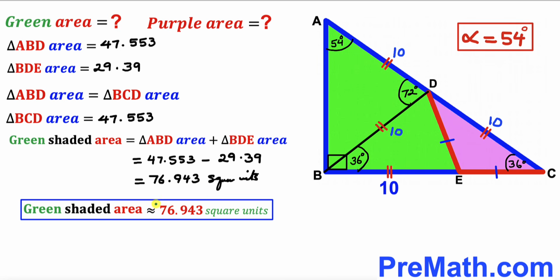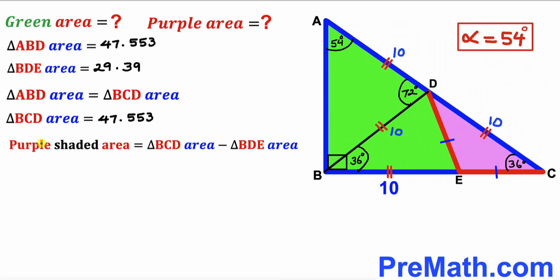So therefore we are going to be more precise. So therefore the green shaded region is going to be approximately equal to 76.943 square units.